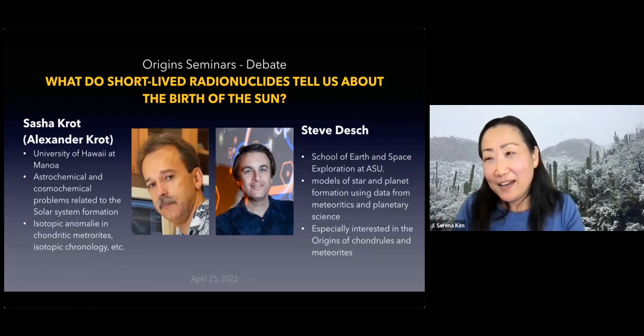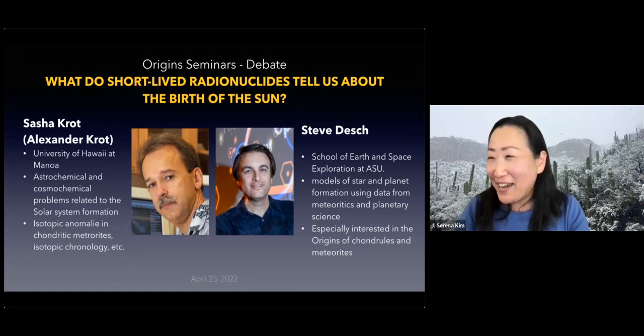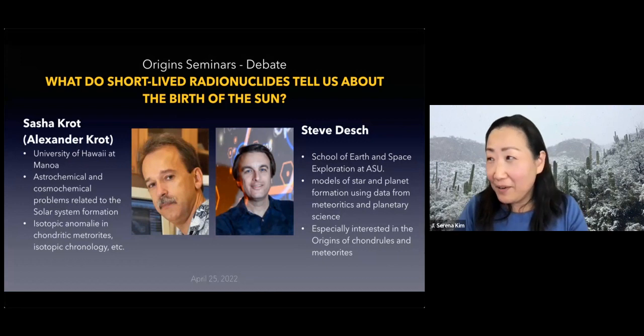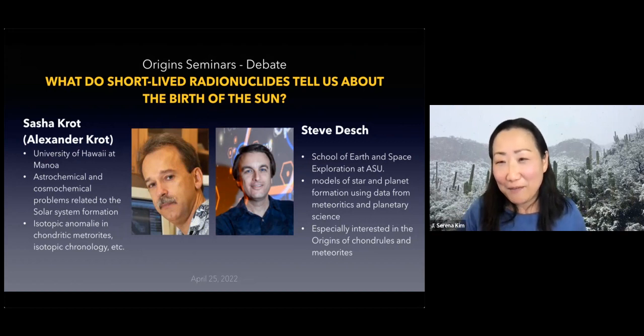He's interested in astrochemical and cosmochemical problems related to the solar system formation, and also works on isotopic anomalies in chondritic meteorites, isotopic chronology, etc. And the other speaker, Steve Desch, is faculty at the School of Earth and Space Exploration at ASU, our neighbor in Arizona, and works on the modeling of star and planet formation using data from meteoritic and planetary science, and is especially interested in the origin of chondrules and meteorites. This is both of your interests. There are a lot of interests. I just had to pick a few.